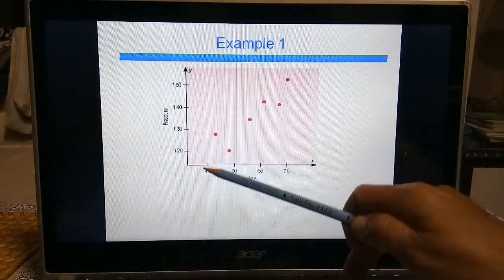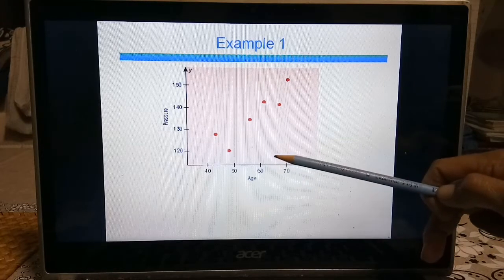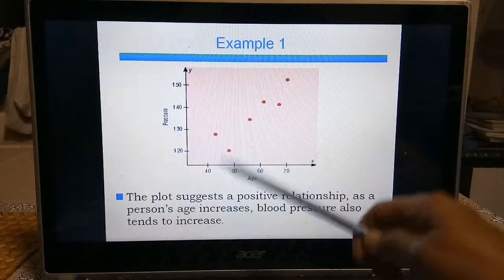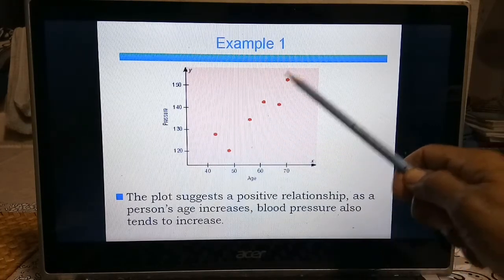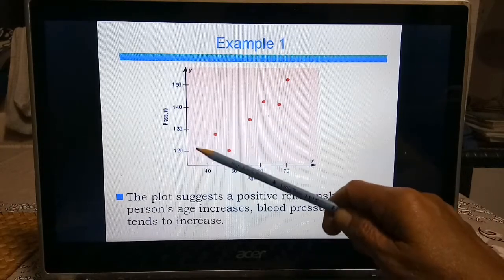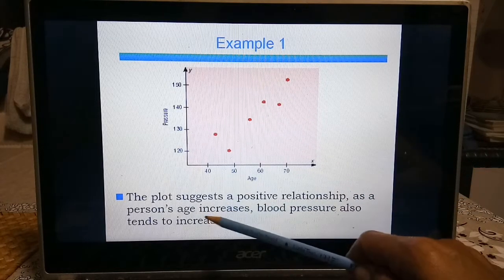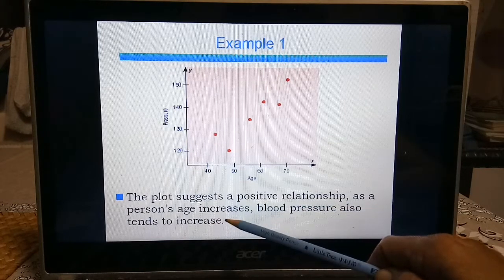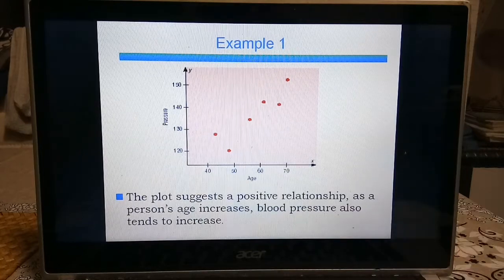So kita plotkan umur 43, blood pressure 128 dan seterusnya sehingga habis nilai-nilai X dan Y yang diberikan. Okay, so from the plot, kita boleh nampak semakin menaik. Kita boleh estimate yang semakin umur bertambah, semakin blood pressure pun akan bertambah. The plot suggests a positive relationship: as a person's age increases, blood pressure also tends to increase.